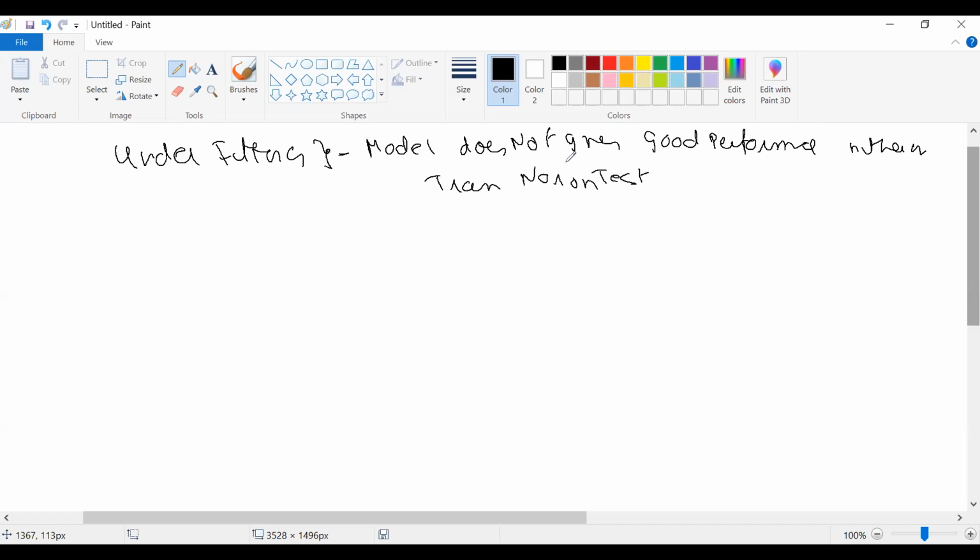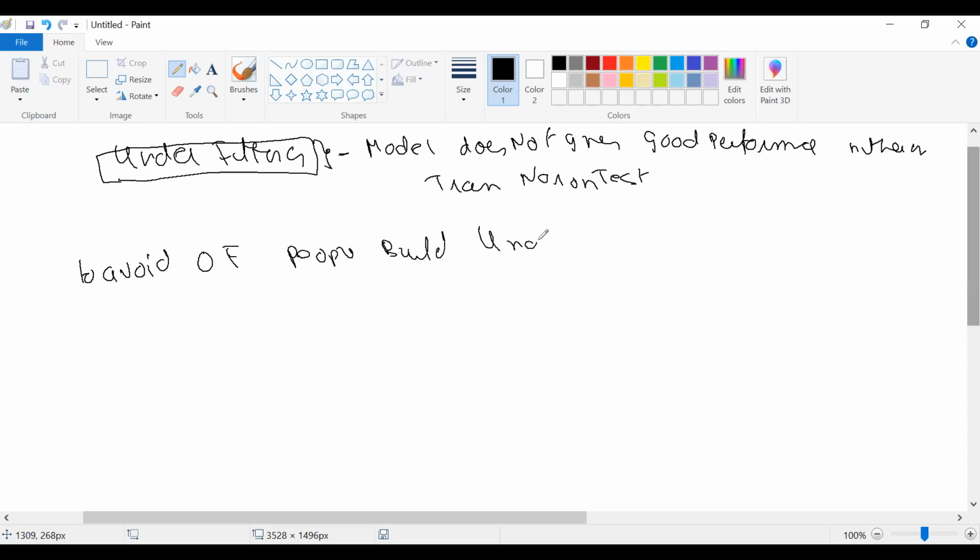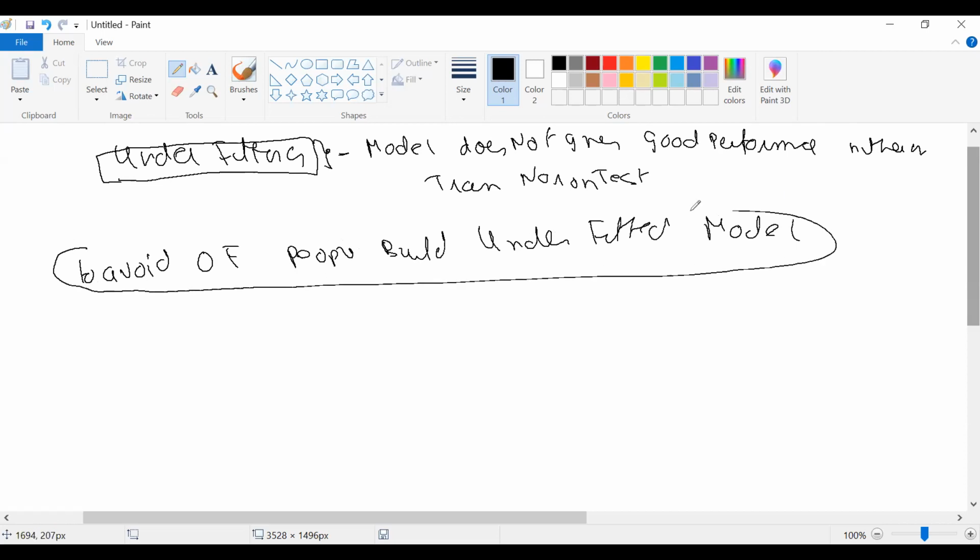Basically in underfitting, sometimes to avoid overfitting, people build an underfitted model. The model becomes underfit. I don't want it to be an overfitted model, so what did I do? I tried to control the hyperparameters and I built the underfitted model.